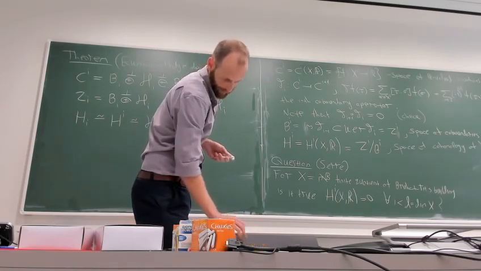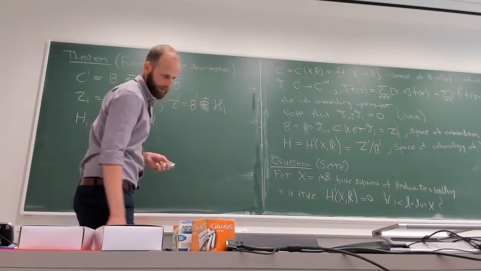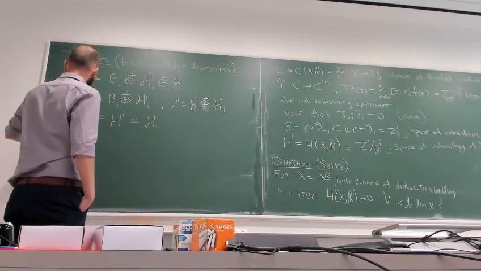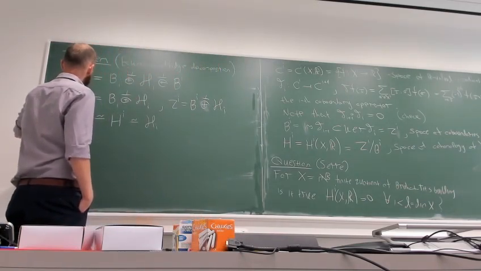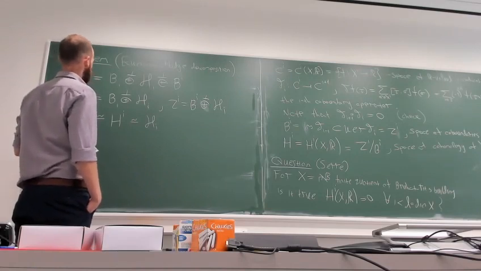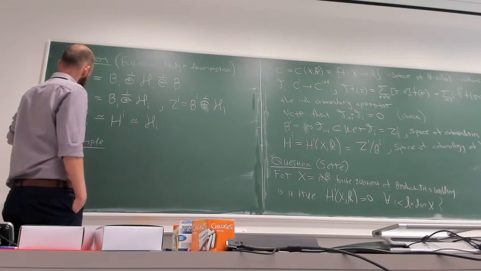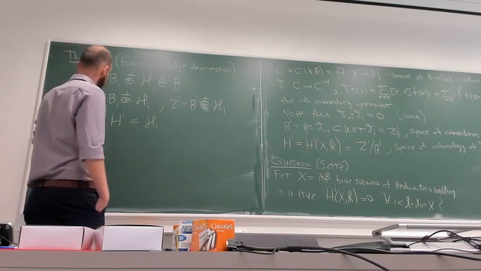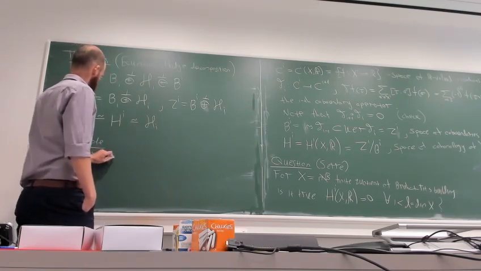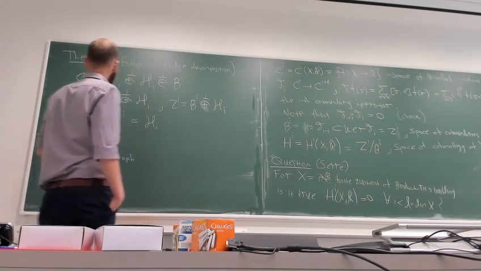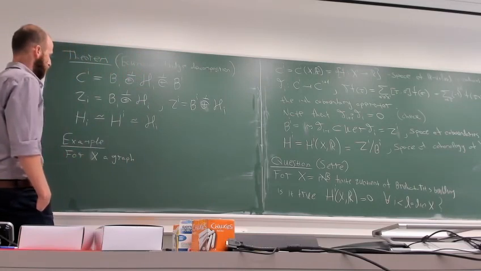Okay, so that being said, I can now define. So by the way, this is a simple example. For a graph, for X a graph, I'm interested in dimension 0.